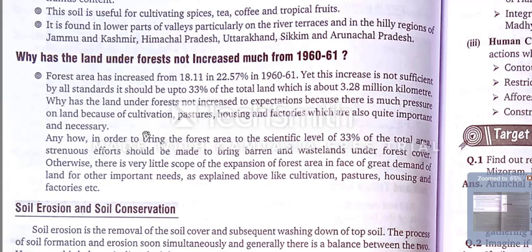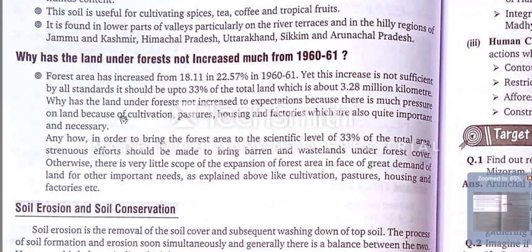For example, cultivation is a very important point, because if you see about India, India has got second position in population, and day by day it is increasing. And if it is increasing, there will be a demand for food. And if there is the demand for food, from where will it come?